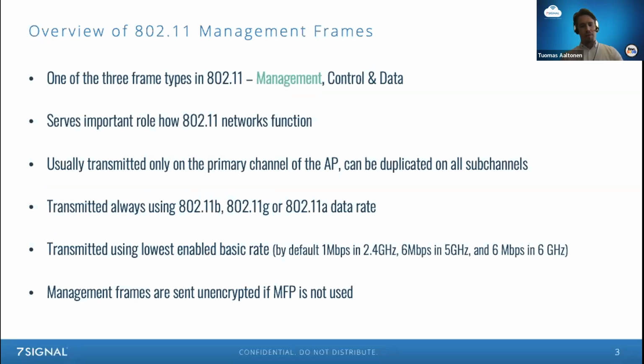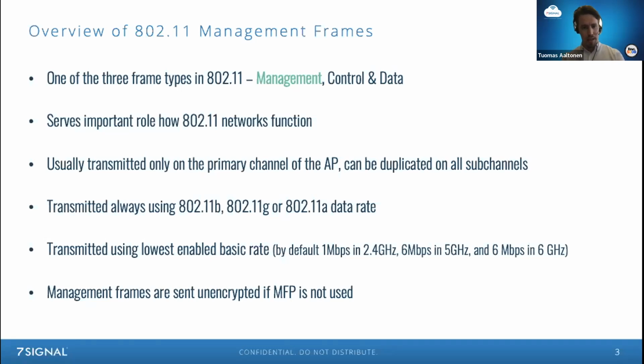Here's a brief overview of management frames. There are three main types of frames in 802.11. Management frames are today's topic, but then we also have control and data frames. Those are the two other main types. Of course, all three serve an important role in a Wi-Fi network, but the role of management frames is to make sure clients and access points can understand each other.